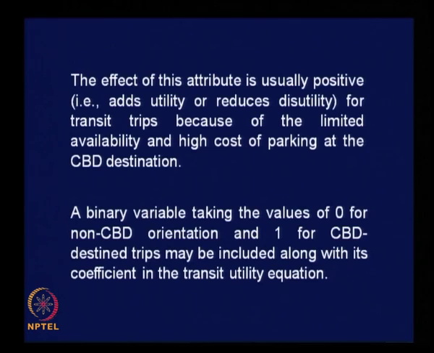This is a solution. A binary variable taking the value of 0 for non-CBD orientation and 1 for CBD destination trips may be included along with its coefficient in the transit utility equation.